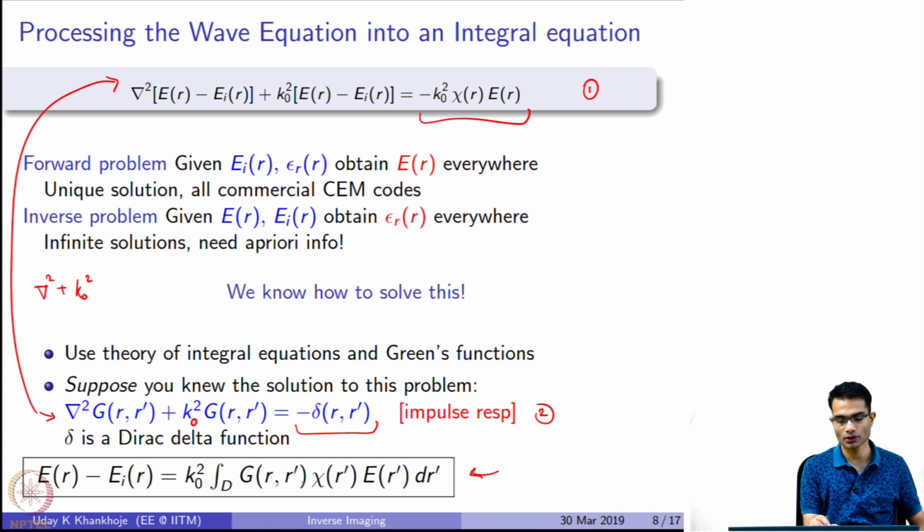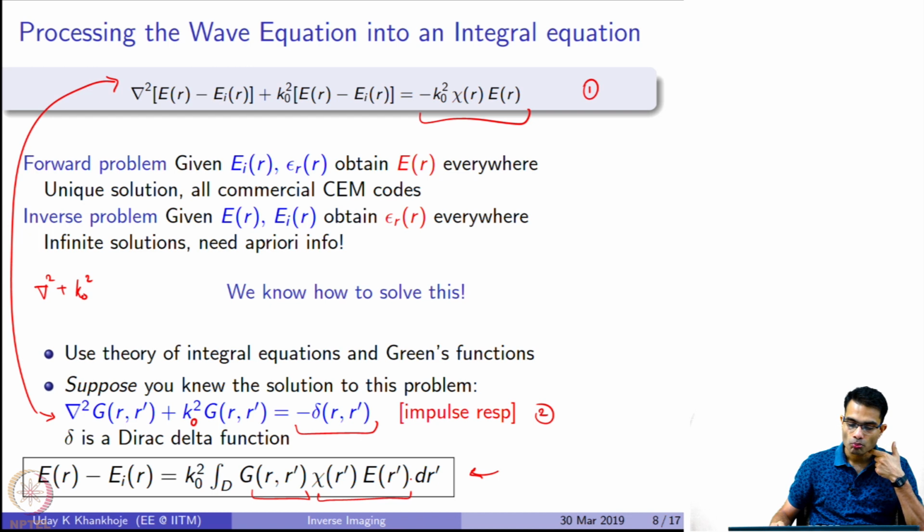So, it is the convolution of this Green's function, which we have spent a lot of time studying in a module on Green's function, convolved with whatever was on the right hand side. So, what was on the right hand side? Chi r E r, that chi r E r is appearing over here, k naught squared has come out, and what is all of this equal to? E minus E I, right.